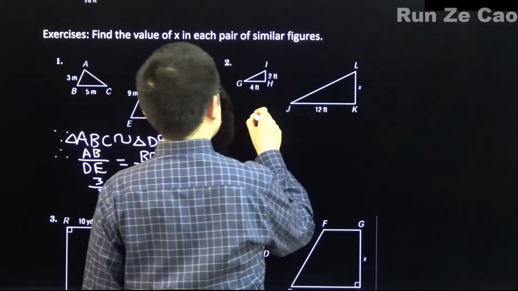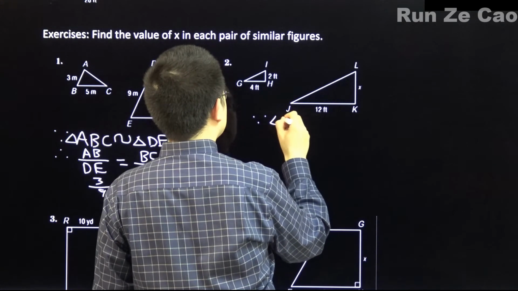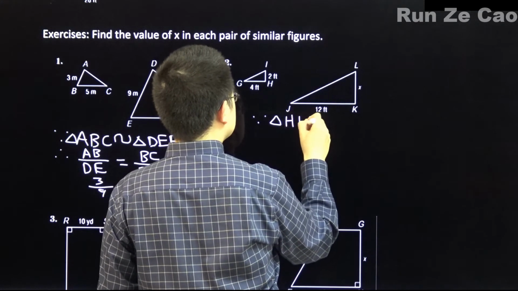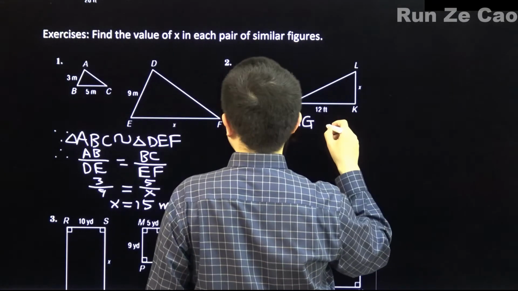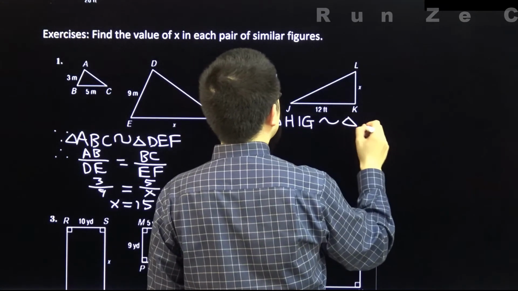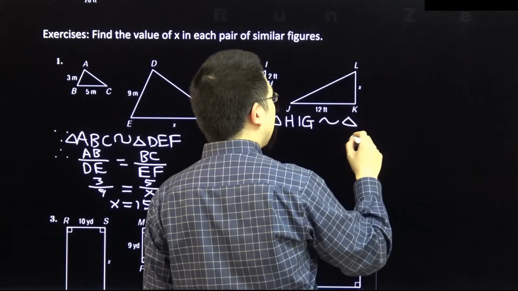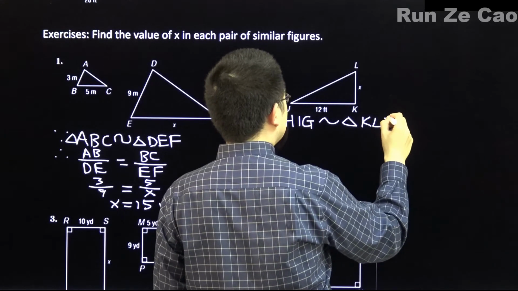Now on this one, triangle HIG, it's weird to see I actually being used as a point around here. Oh well. It's similar to triangle KLJ. Make sure that all the points that correspond are listed in the same order.